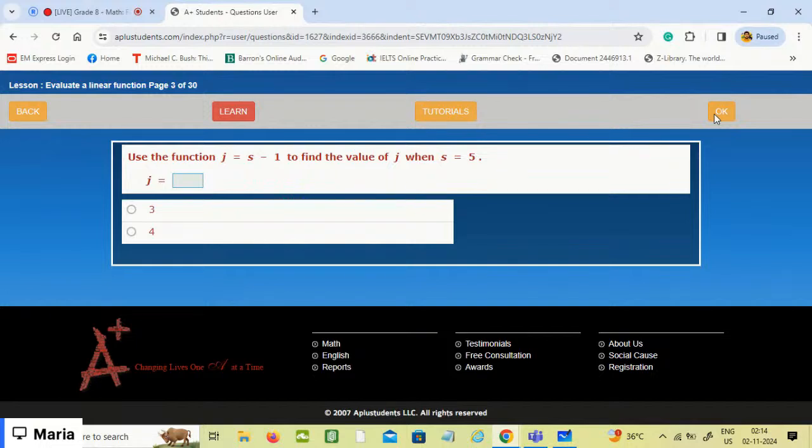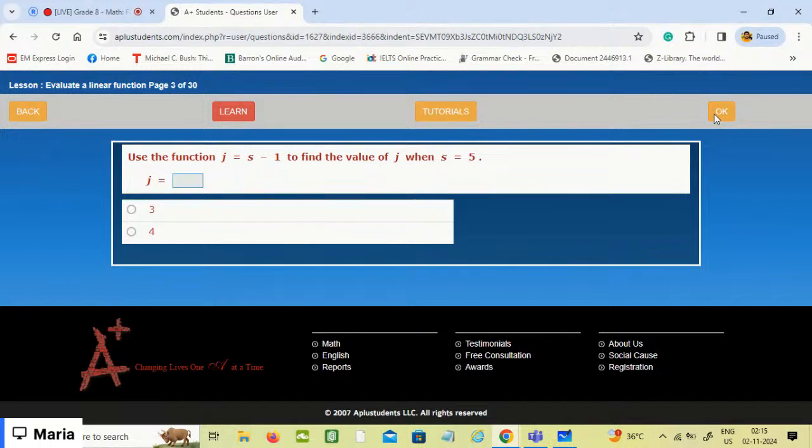Use the function j equals s minus 1 to find the value of j when s equals 5. So which is the correct option? j equals s minus 1.